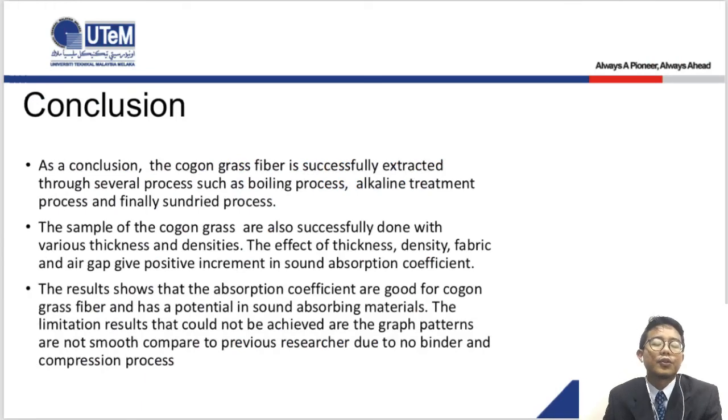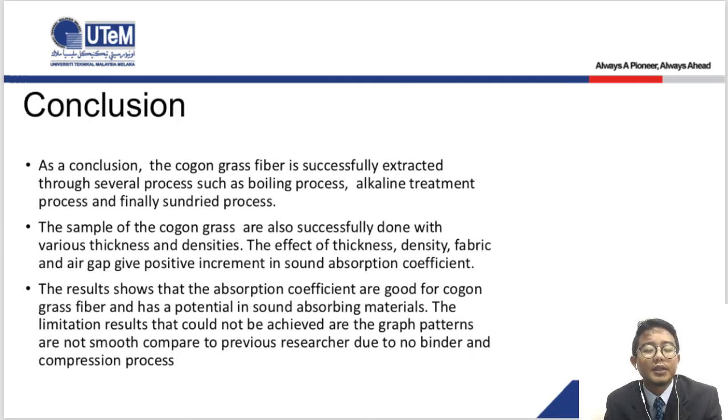As a conclusion, the COGON grass fiber is successfully extracted through several processes such as boiling process, alkaline treatment process, and finally sun-dried process. The samples of the COGON grass are also successfully made with various thicknesses and densities. The effects of thickness, density, fabric, and air gap give a positive increment in sound absorption coefficient.